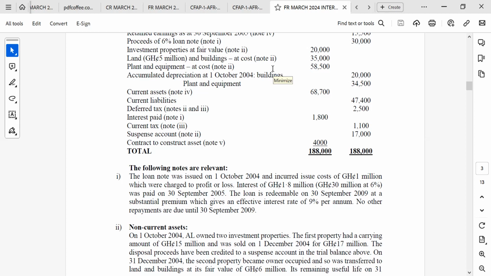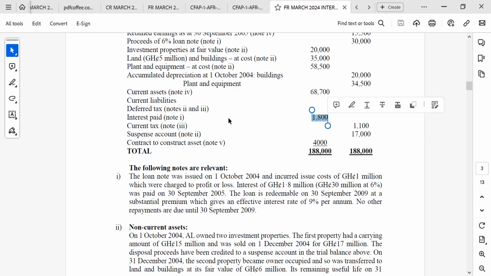So that is the coupon. Sometimes the coupon will not appear in the trial balance. You can see that they are putting the interest paid over here, isn't it? In the trial balance, you can see interest paid of 1,800 over here.